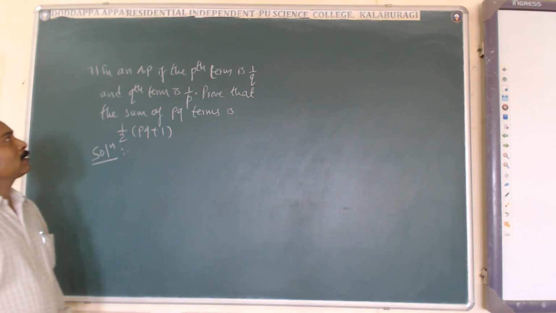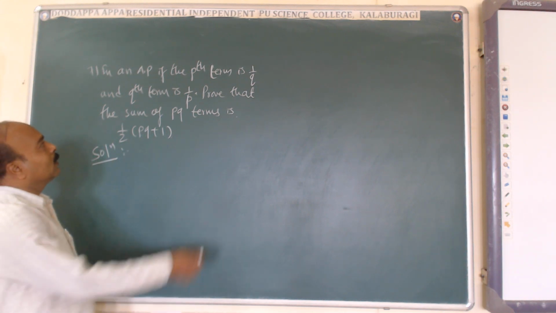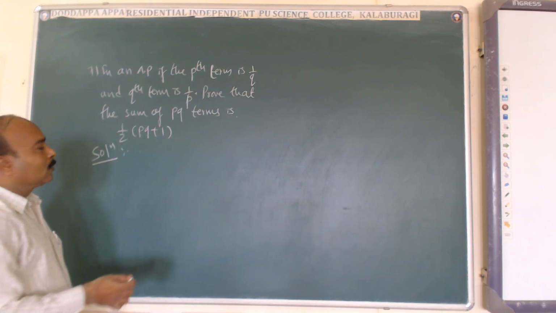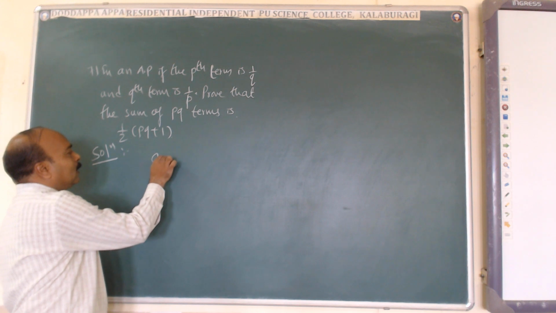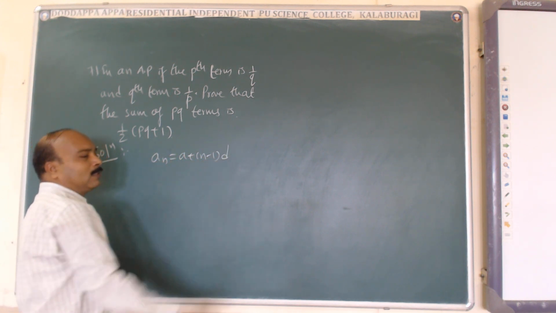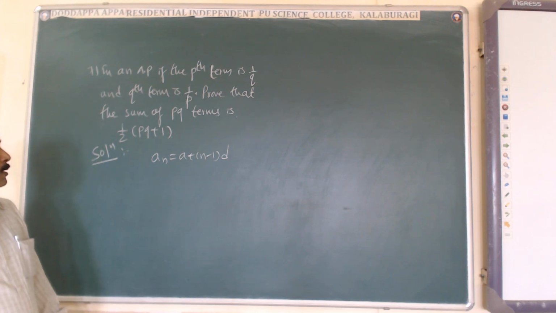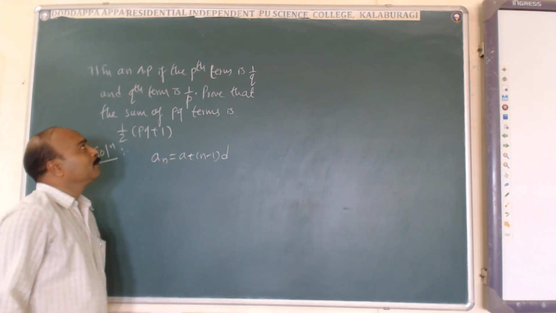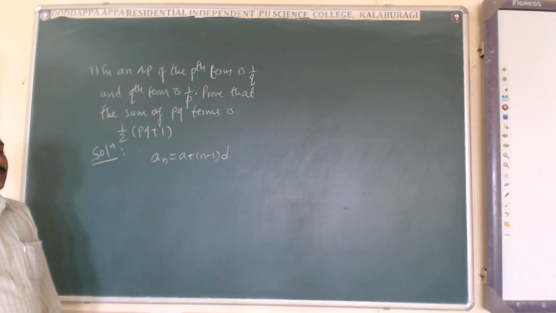It is one arithmetic progression. Here they gave that the pth term is 1 by q. We know that the nth term an equal to a plus (n minus 1) into d. It is our usual formula, the last term of AP formula or nth term of AP formula.